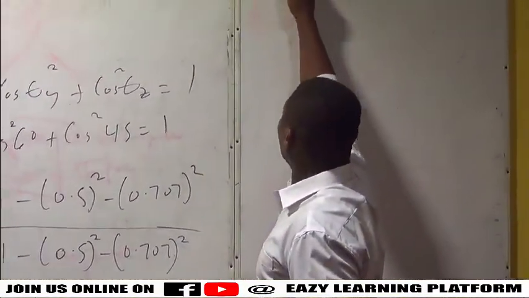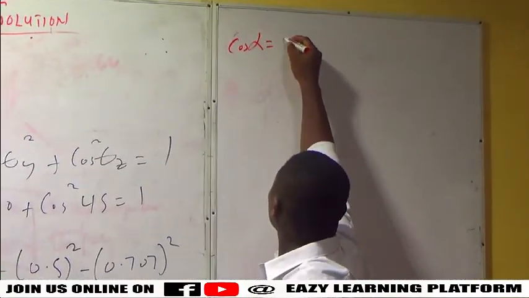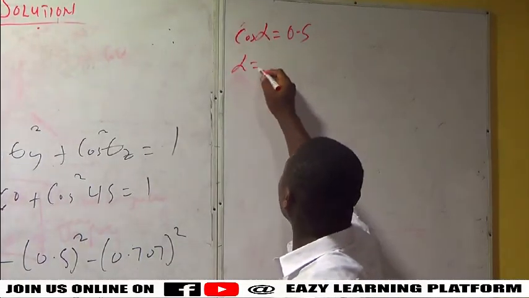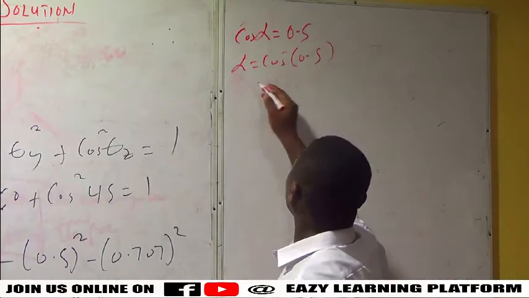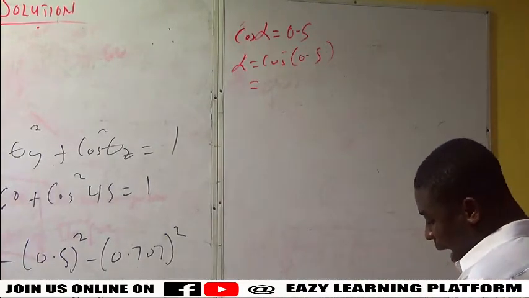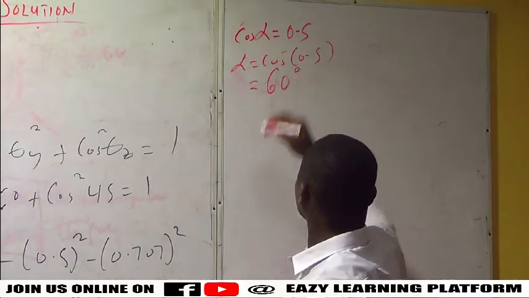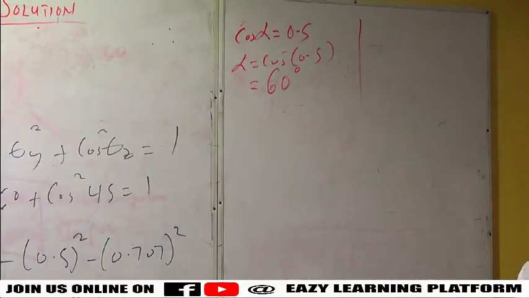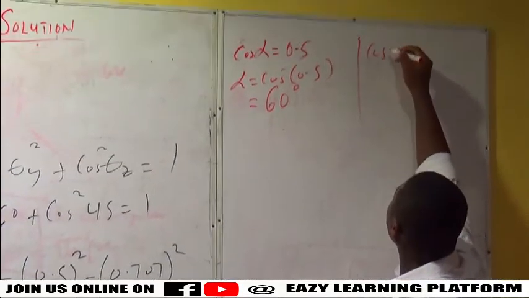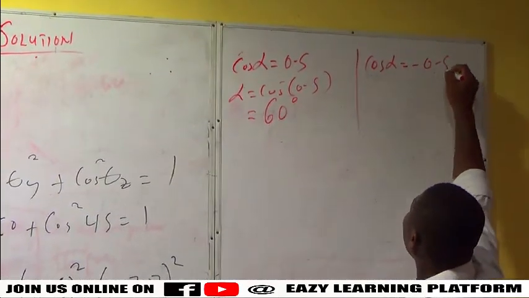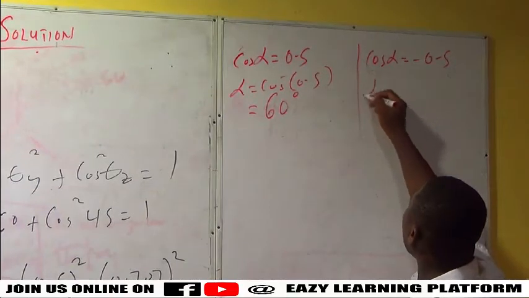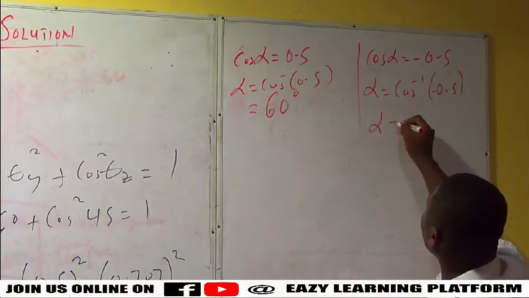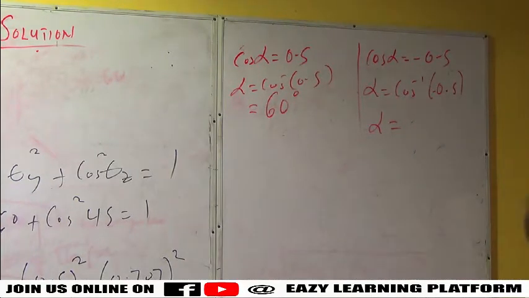So cos alpha is equal to positive 0.5. Now alpha is equal to cos inverse of 0.5. And what do we have? We have 60 degrees being the value of alpha. Cos alpha is equal to negative 0.5. So alpha is equal to cos inverse of negative 0.5. And what do we have for alpha? We have 120 degrees.